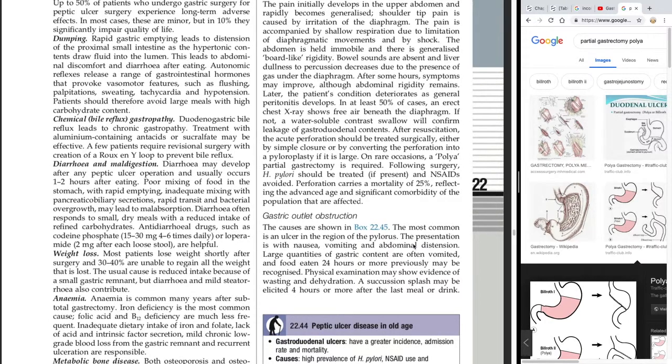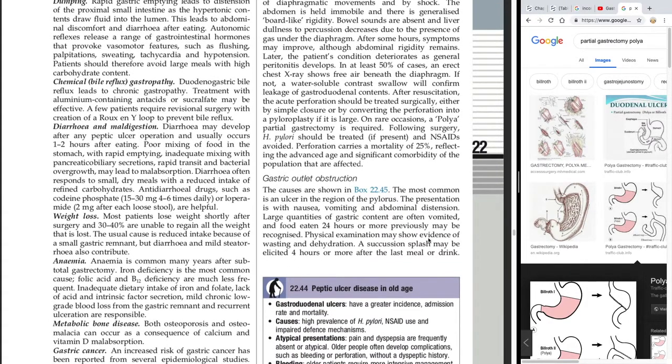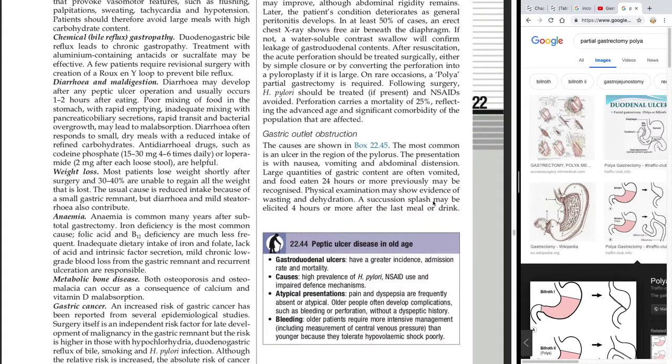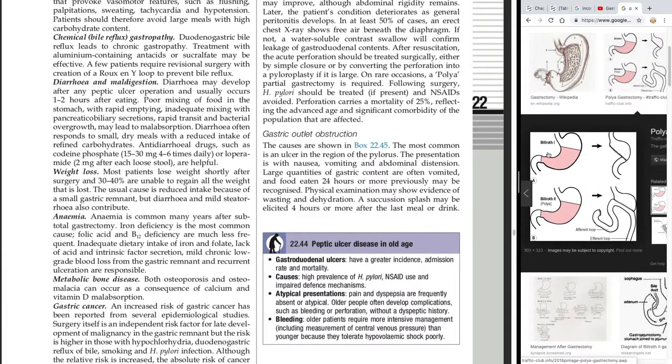The presentation is with nausea, vomiting, and abdominal distension. So with any GI problems, mostly you have nausea and vomiting, and in this case, abdominal distension. Right, because this part of your abdomen, the gastric outlet, is blocked.